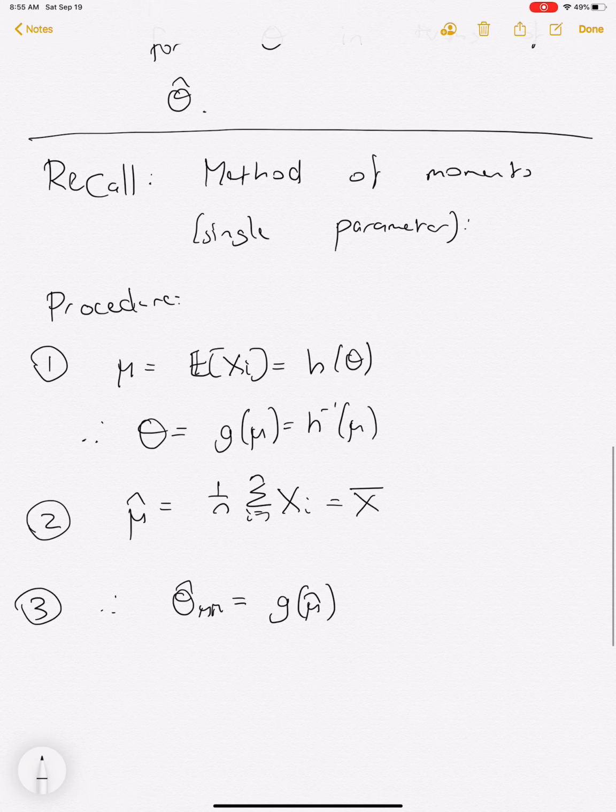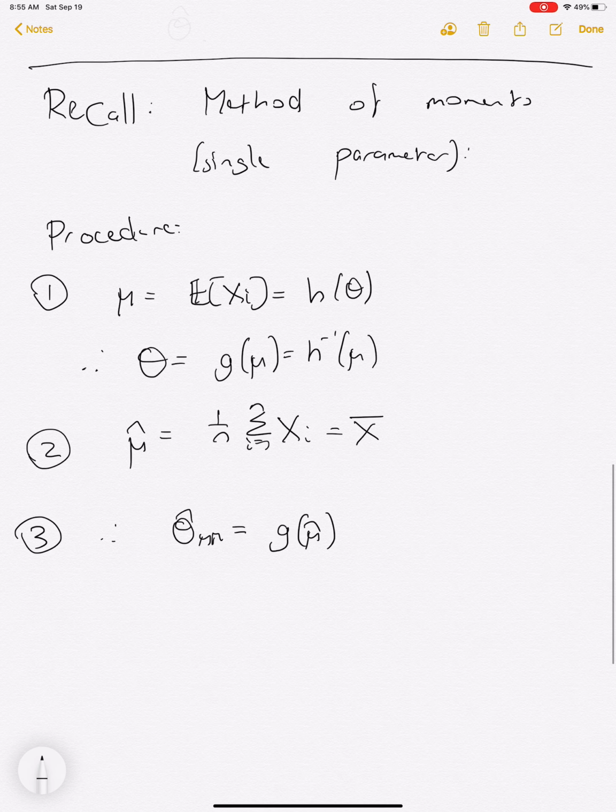So I just wanted to remind everyone of the method of moments. Here I only focused on the case of a single parameter. Say you have a parameter theta to estimate, and how do we do that? The method of moments is based on using the moments, so the mean, the variance, and so on, because we know how to compute those from the data.